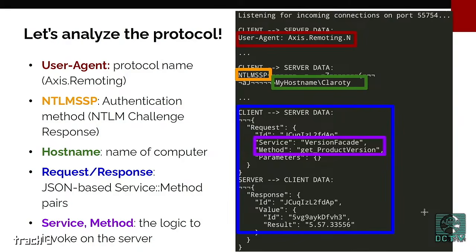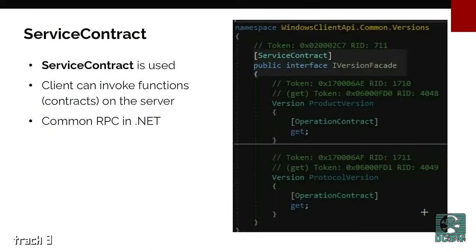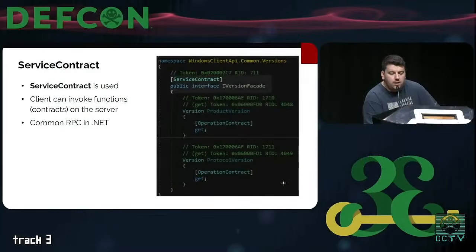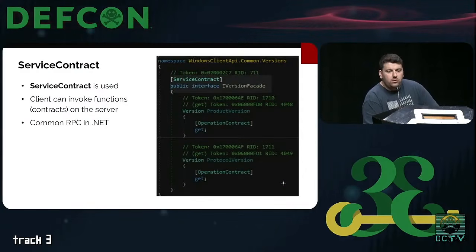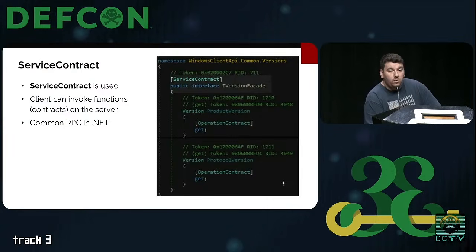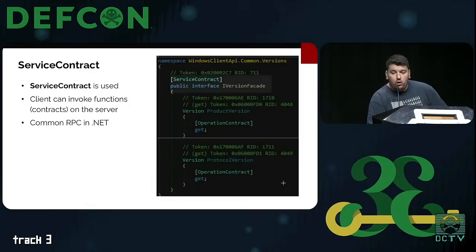And after some digging around, I discovered that Axis uses the service contract. Now, this is a very, very common way of handling RPC in .NET applications, and essentially it allows the server to expose a certain list of classes and methods they want to allow clients to invoke remotely on the server's backend. Super common, super trivial in .NET.